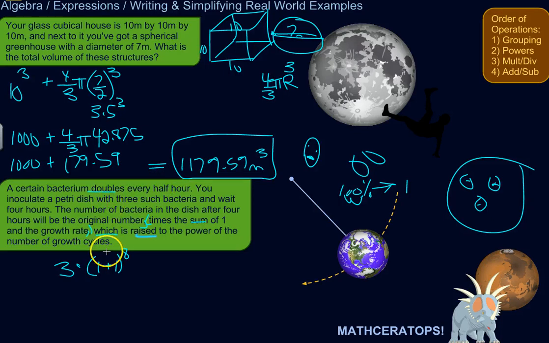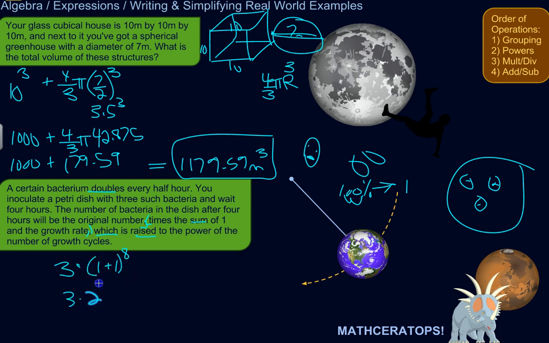Okay. So that's it. So let's go through our order of operations. Grouping. Do we have any grouping? Yeah. We group this to indicate that we're raising this whole sum to the power of 8. So let's do that first. Just rewriting. So 1 plus 1 is 2.